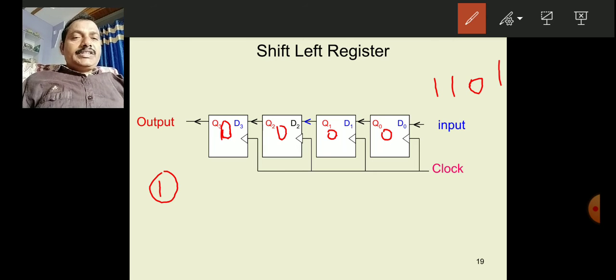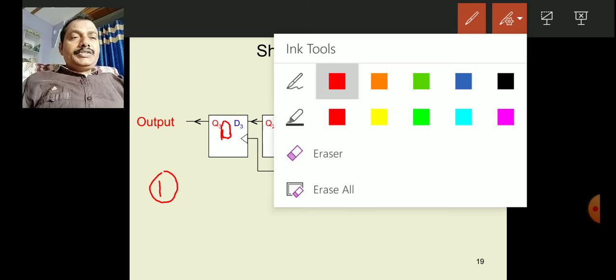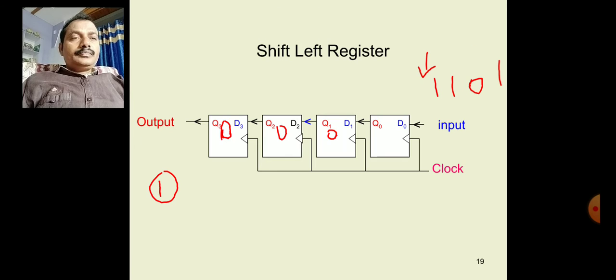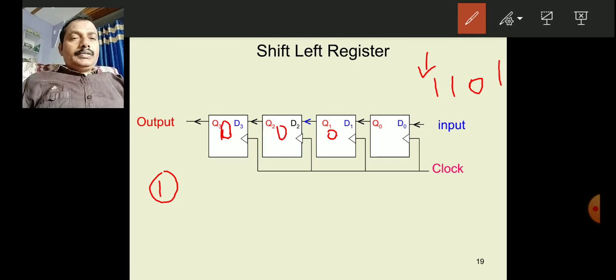Okay, for the first clock pulse, what happens is this first bit enters, this is the first bit, this first bit enters the Q0 flip-flop. Hence this 1 is shifted, and this 0 is shifted to here, and this 0 is shifted to here.